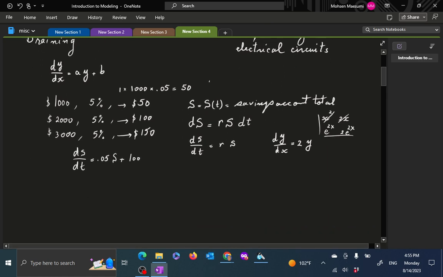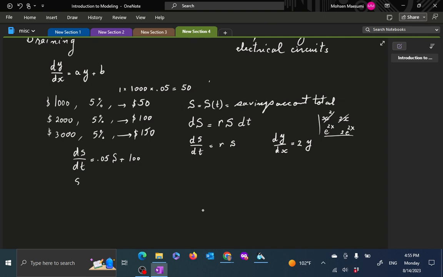And all of these problems have a starting scenario. We call it the initial condition. We call it S of 0. S of 0 means how are you going to open that account? Are you going to open with 1,000, 2,000, 3,000? So S sub 0, for example, could be $1,000 or $2,000 or something.